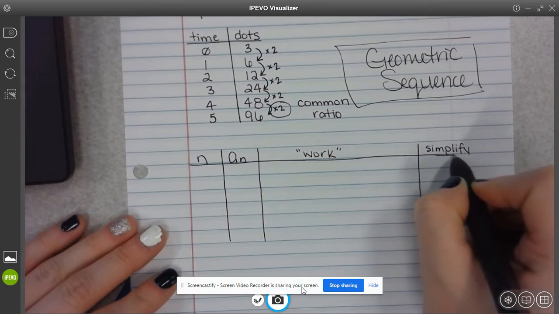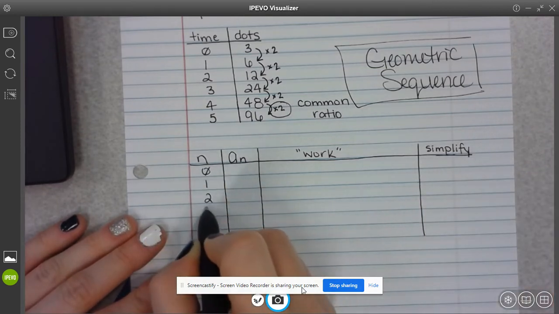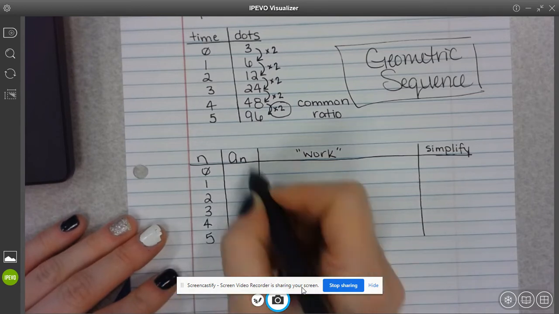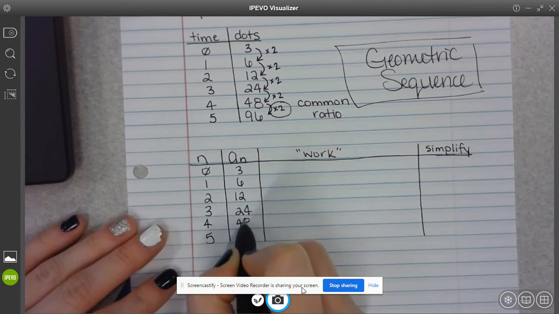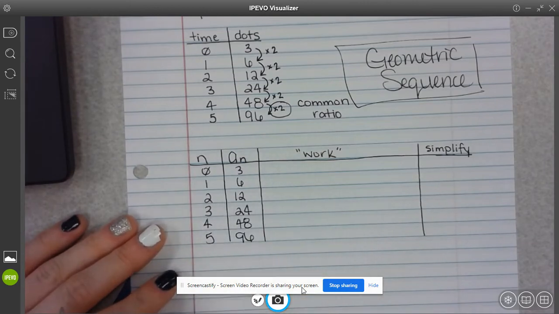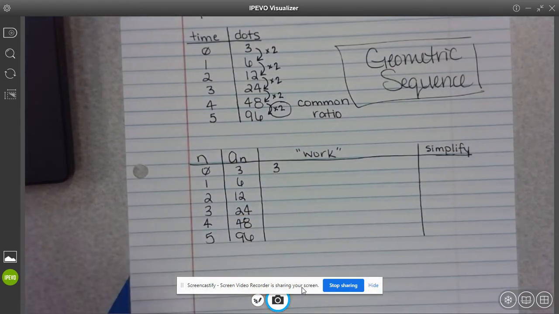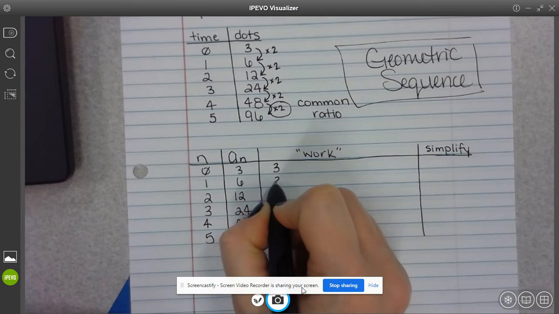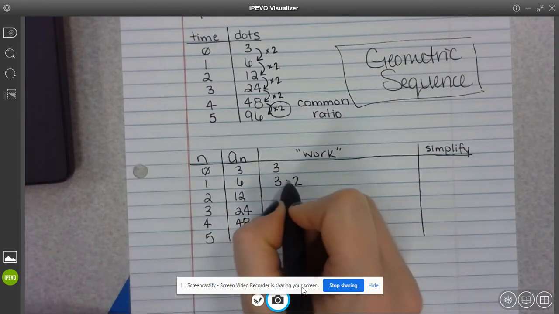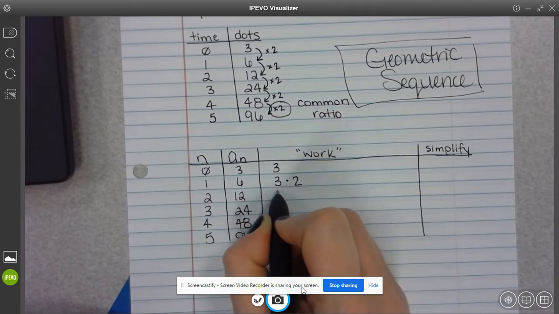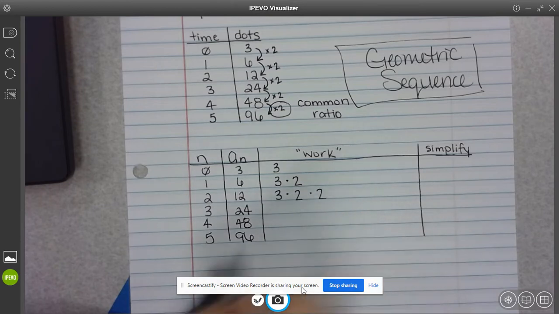And I'm going to simplify my work. So I'm going to copy these down here. 3, 6, 12, 24, 48, and 96. So there's no real work I'm doing here. It's just 3. To get to 6, I had to do 3 times 2. To get to 12, I had to do 3 times 2 times another 2.